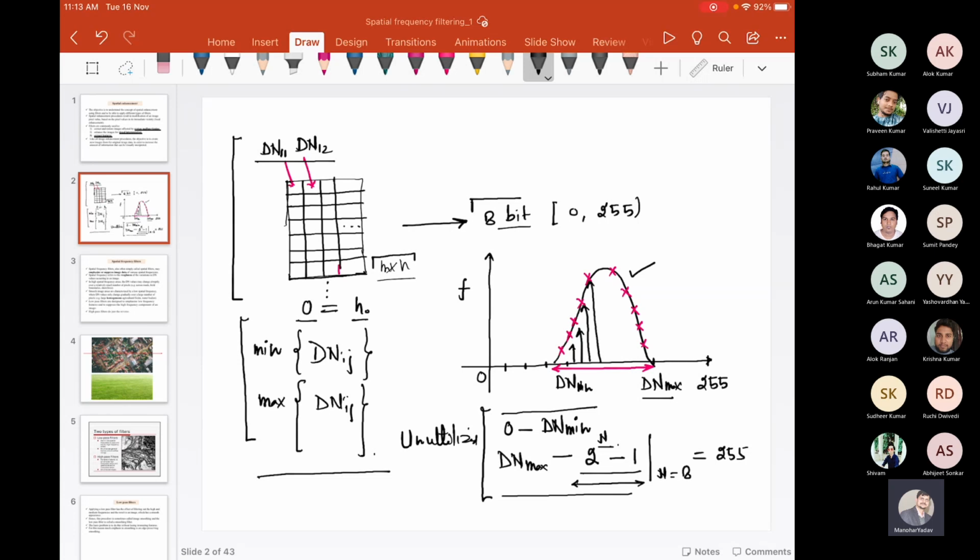Ultimately, when we say that on the basis of contrast in the image, visual quality is better, it means in the context of the image that we are able to differentiate the nearby features.